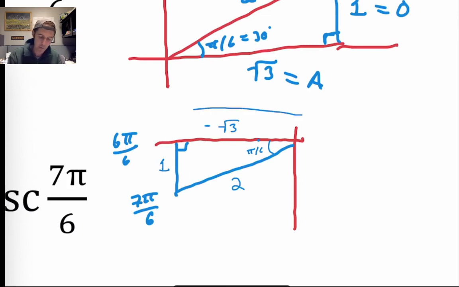And once I made that movement of negative square root of 3, then I had to go down. And down is a negative movement. So we're going to label this 1 with a negative sign and make it a negative 1. The coordinates of this point right here are negative square root of 3, comma, negative 1. Because we went left root 3 and down 1. So those are the xy coordinates of that point.